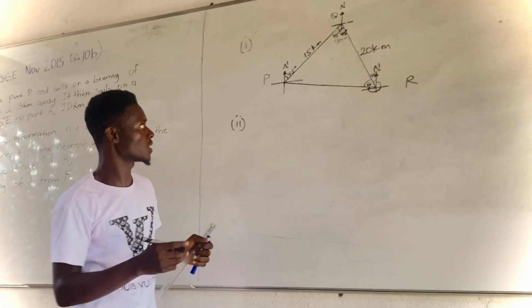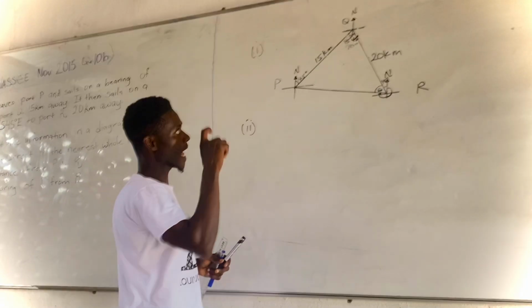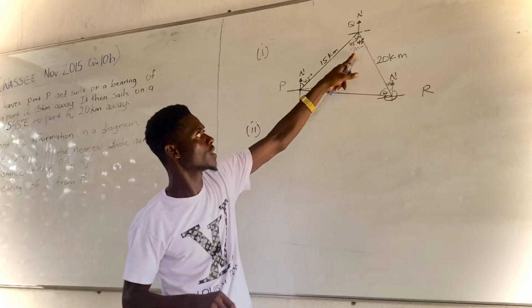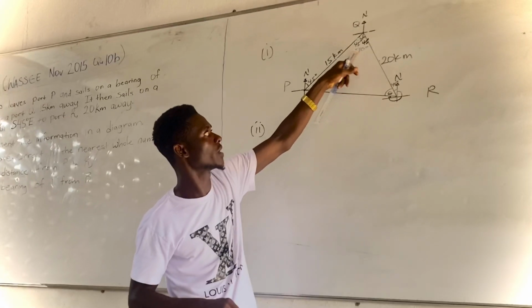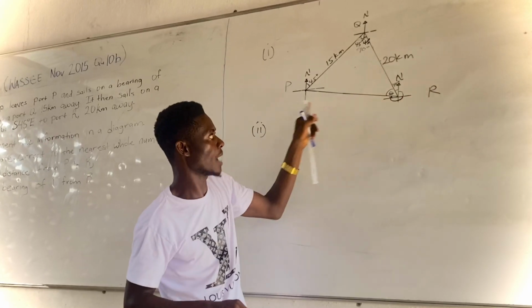And note that as you apply the Pythagoras theorem, the side that is opposite the right angle, which is the 90 degrees, is always considered to be the hypotenuse.